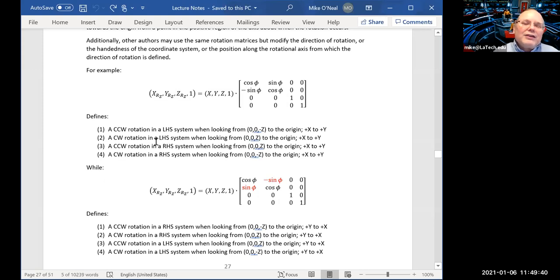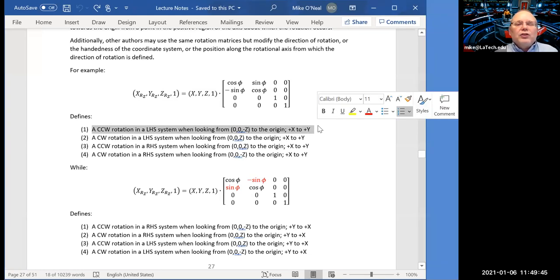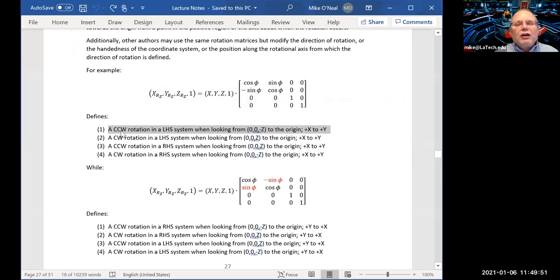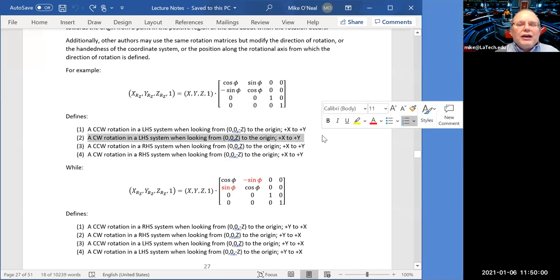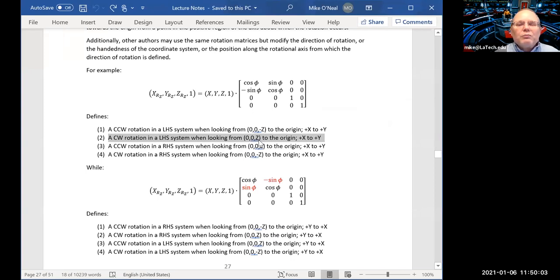So I tried to lay out all the cases. Here's the standard case that we're using in this class. We're using a left-handed system, looking from minus z, so a z-axis rotation is counterclockwise. If I move to the other side of the axis and look towards the origin from positive z, still in a left-handed system, you're always moving with this matrix from plus x to plus y, so now it's a clockwise rotation.